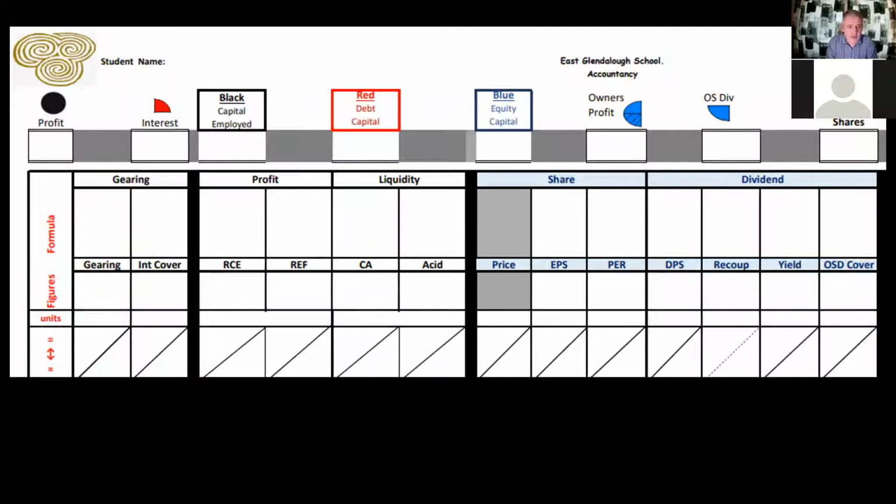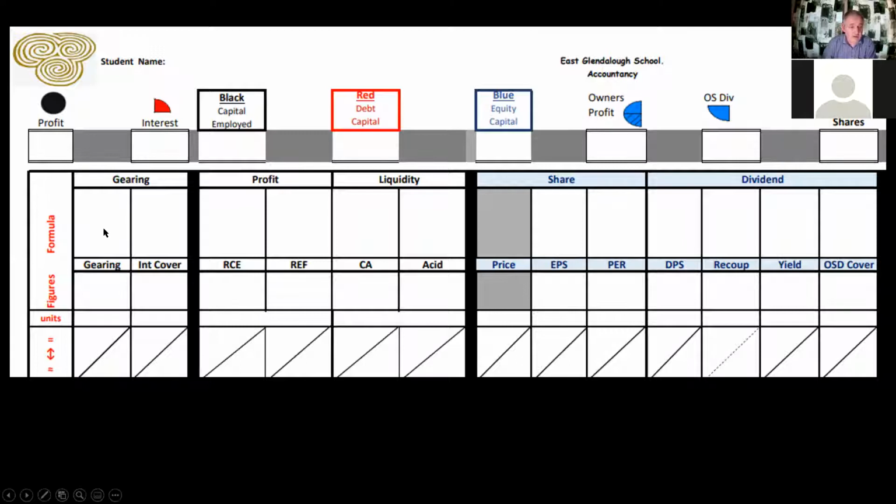This is the top half of a blank page I have on my website. It'll be done on a copybook, but if you're lucky enough to have access to A3 photocopying, it's a handy way of getting students to be able to do a question in a hurry when you don't have 45 minutes to get them to do it.